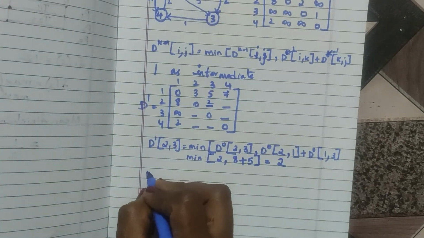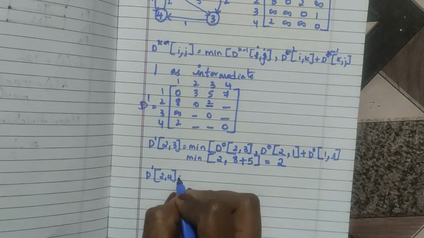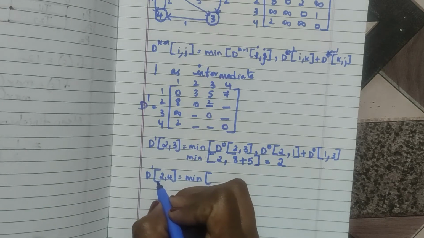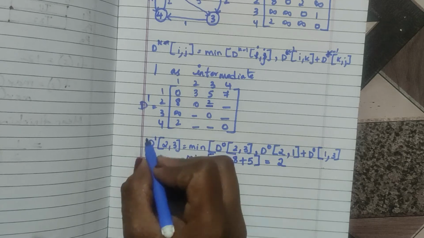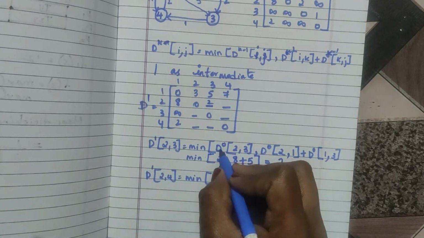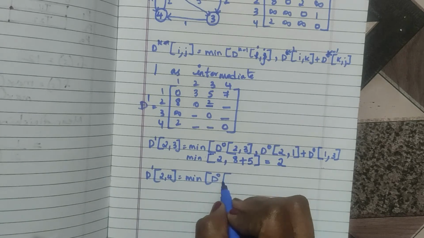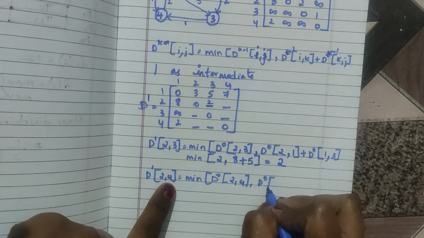So let's solve for the next one. 2 to 4, which is equal to minimum of. Now see here, to solve this in a faster method, we write d1 because this is the intermediate, and when you are using d1 you should always use d0 according to the formula. So 2 comma 4, the same value, d0.